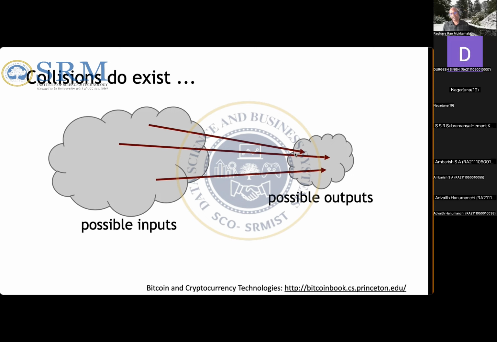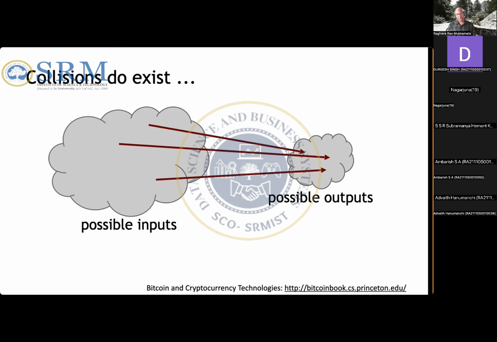So you see the contradiction here. On one hand, you have all the possible types of inputs, infinitely many possible combinations, which are being mapped to 2 to the power of 256 values, because it is a 256-bit hash value we are looking into.